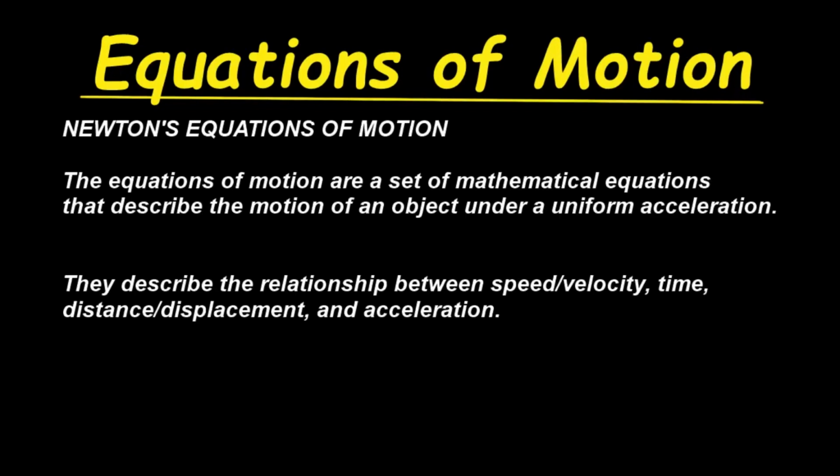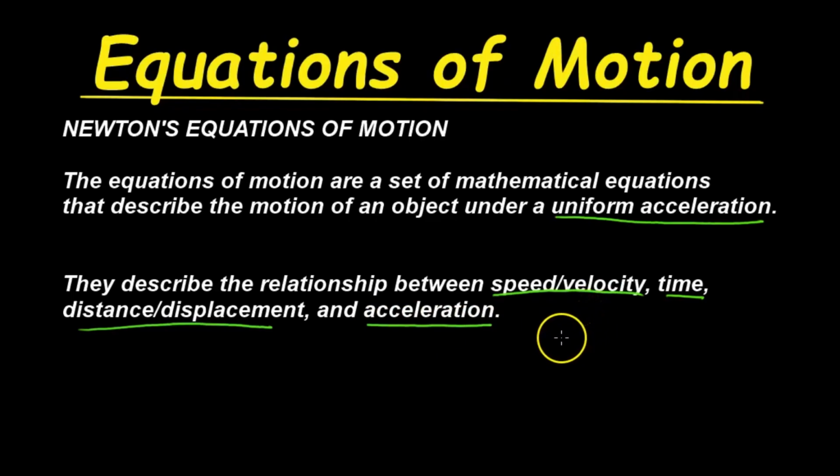Now, Isaac Newton developed these equations or formulas to describe an object moving with uniform acceleration. As this topic has everything to do with describing motion, we are going to use mathematics and equations to describe the motion of an object, using the quantities that we mentioned earlier in our videos, such as speed, time, distance and displacement, and acceleration, to describe the motion of an object in a straight line.